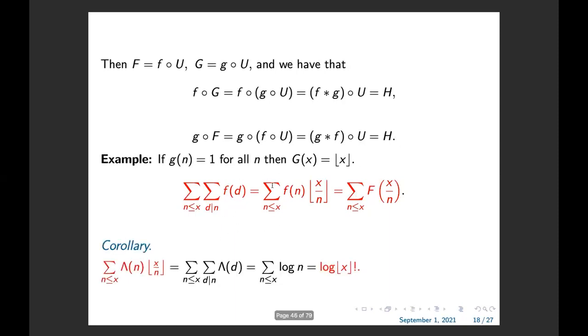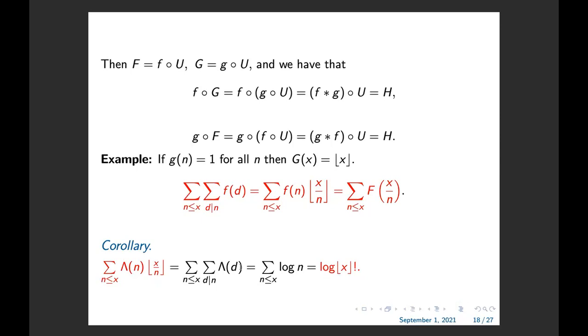In particular, if we choose f as the Mangoldt function, which is denoted by lambda, then from this identity we obtain this corollary. So here we have f as the Mangoldt function. From the middle one we have this, then this, and then since lambda of d, with d dividing n, this is log of n.